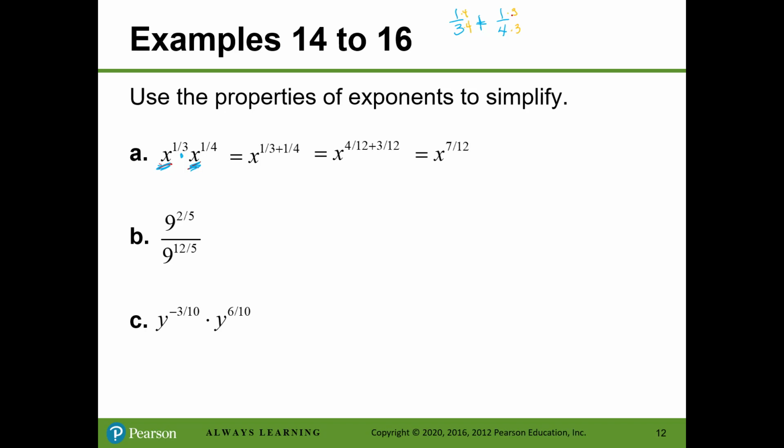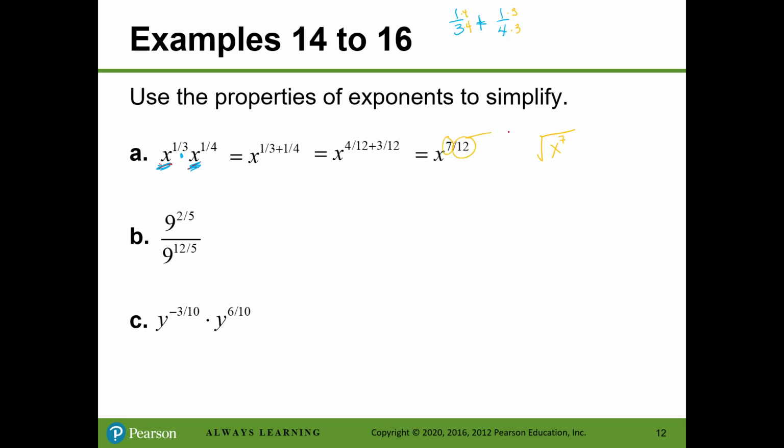Now, they may ask us to leave it as an exponent, or they may ask you to write it using a radical. If they ask you to use a radical, that means you have x underneath definitely. What's the 7? That's right, it's the power.